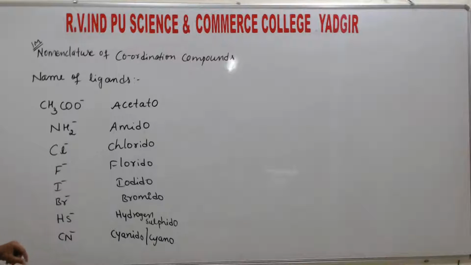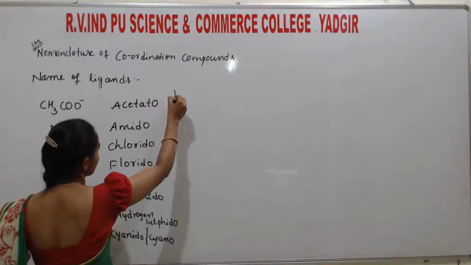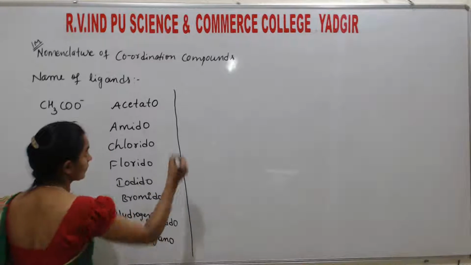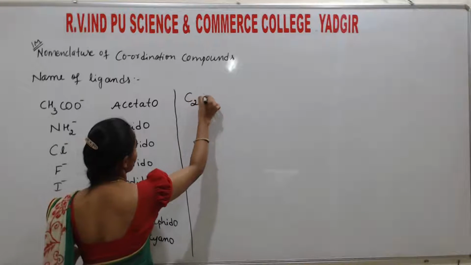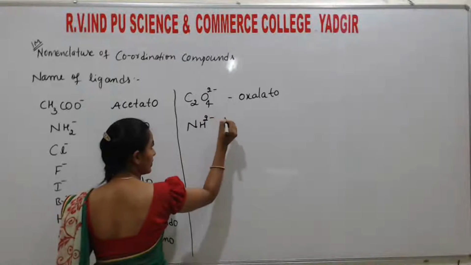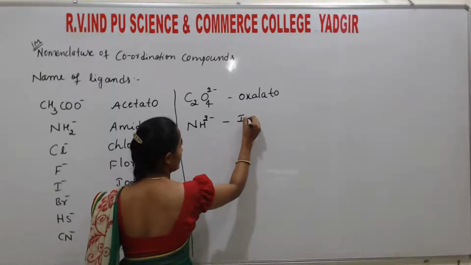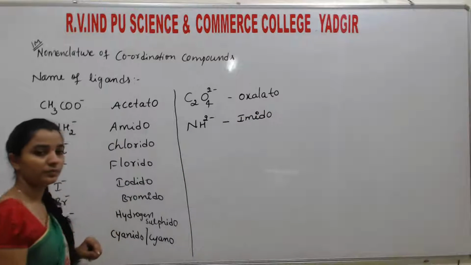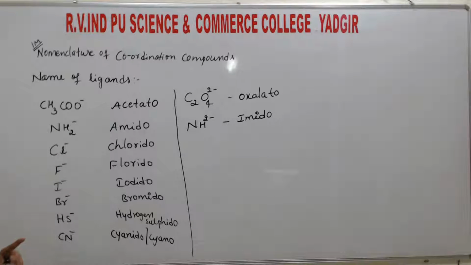Okay, next. NH minus is there, that is called imide. So imide is there, then it is called imide.